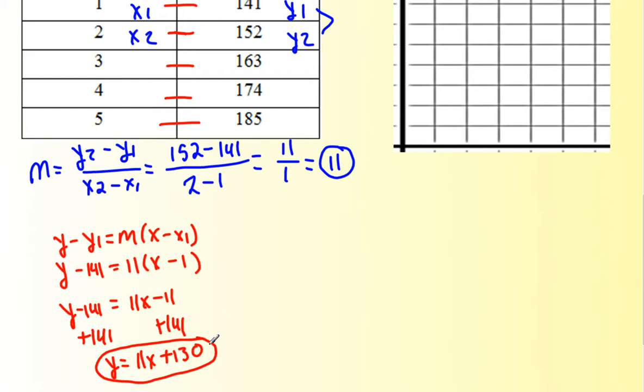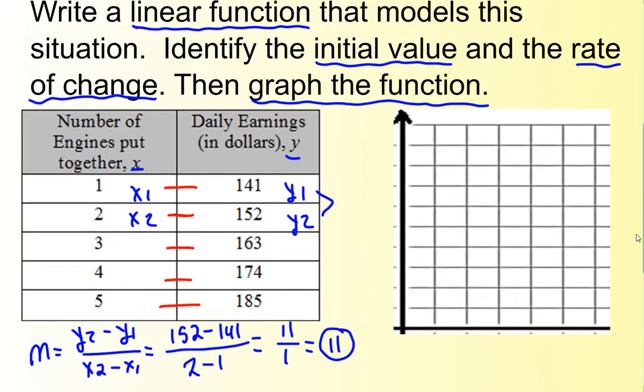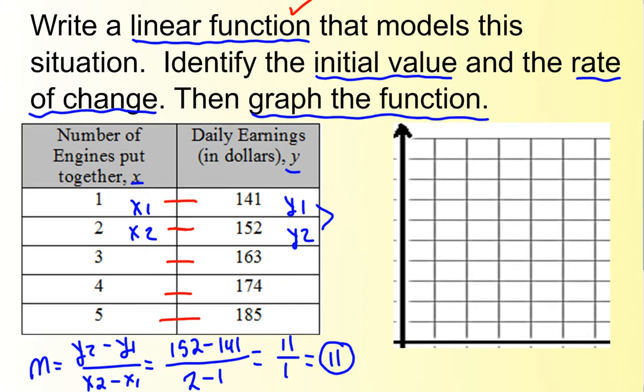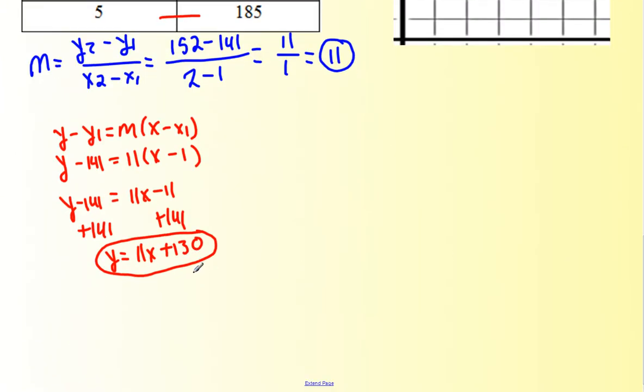And from this, write the linear function, check. Identify the initial value, check. My initial value here is 130. So that y-intercept is the initial value. There I go with arrows again.